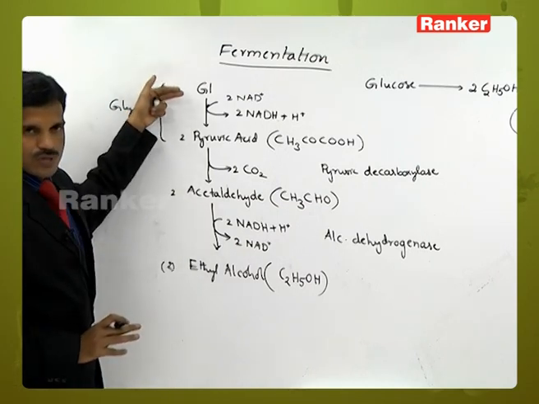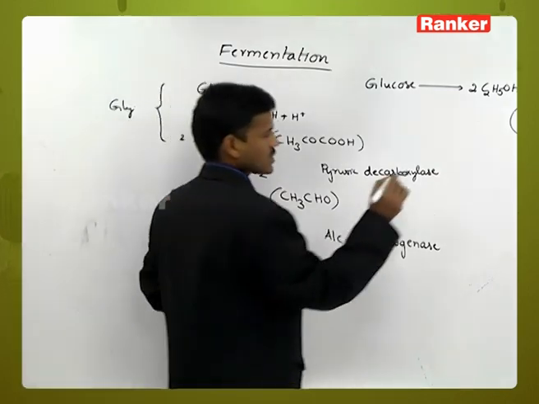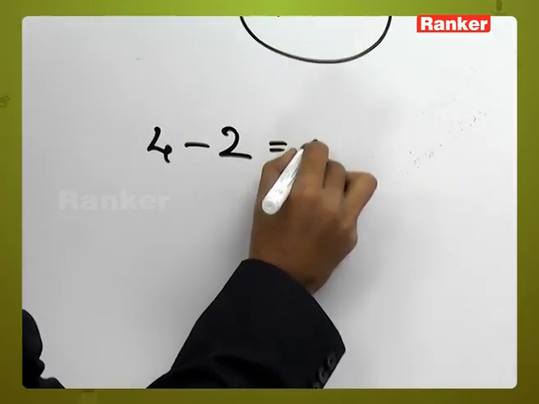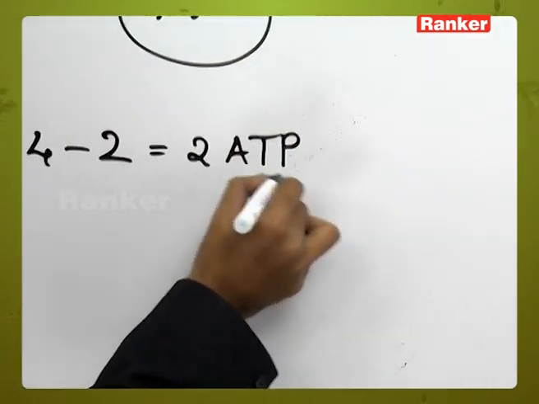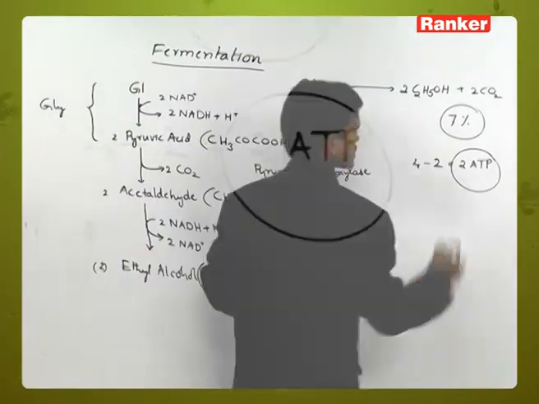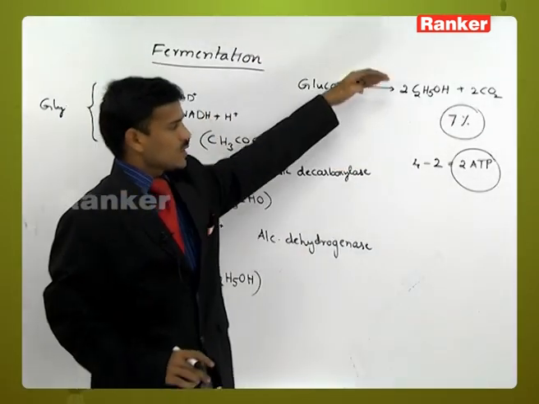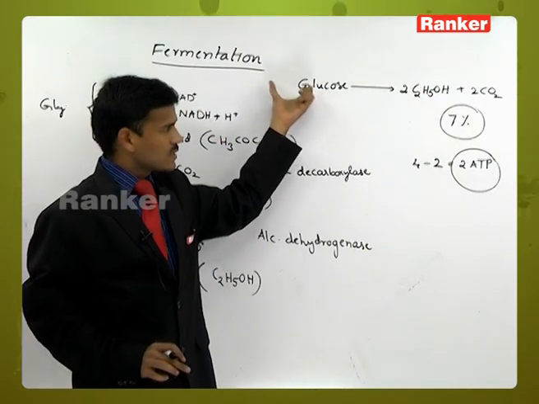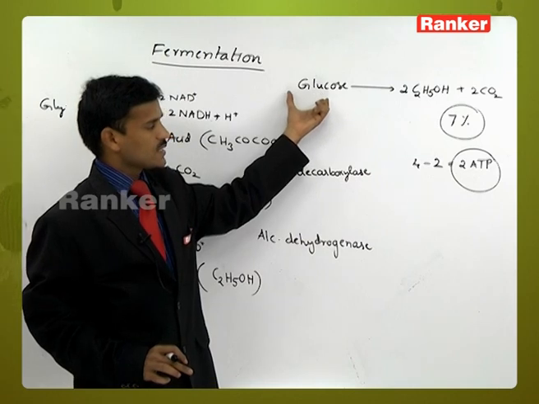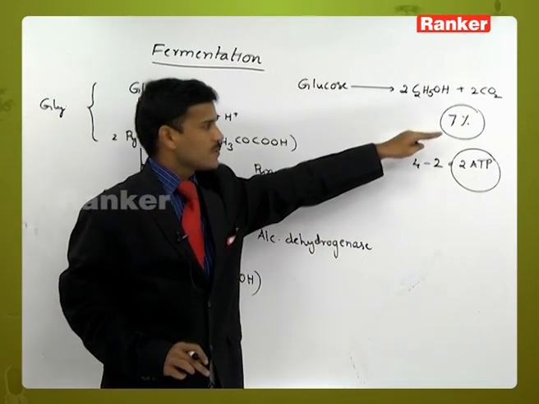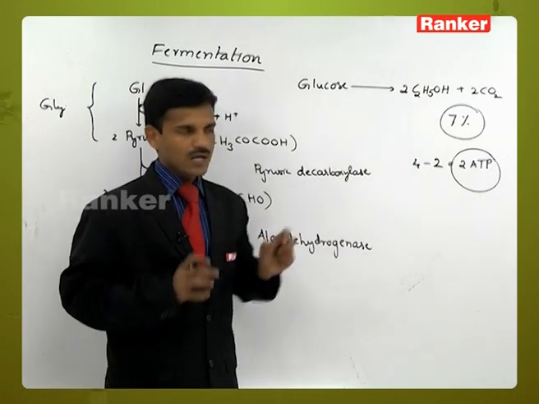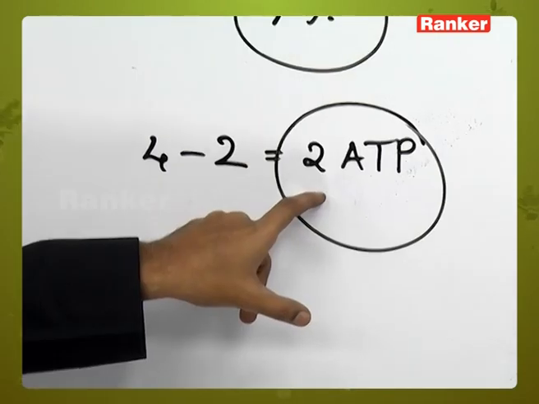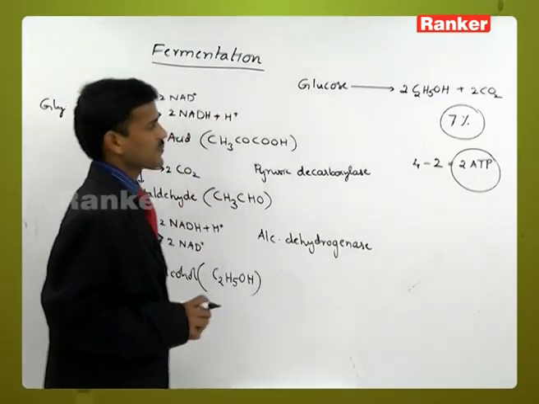So the ATPs are 4 minus 2, only 2 ATPs. The total energy in glucose is 686 kilocalories, and only 7% of it is released and stored in the form of ATPs, only 2 ATPs.